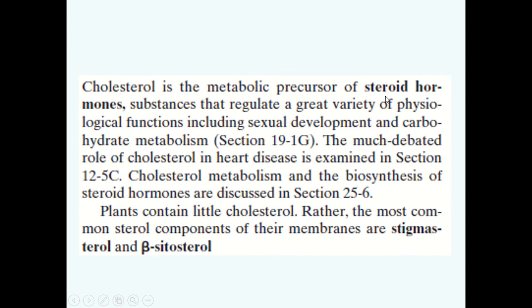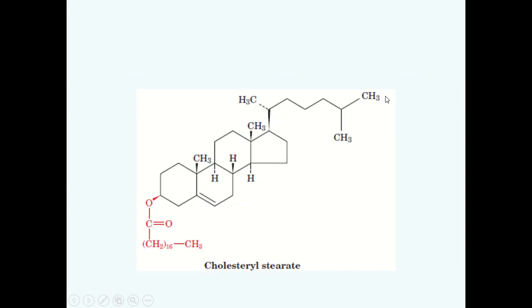Rather, they contain some other type of sterols in their cells. Cholesterol, in many cases, undergoes esterification. This is the molecule of cholesterol, and this is the polar hydroxyl group present here. The hydroxyl group of cholesterol can undergo esterification with fatty acids. Some cholesterol exists as free cholesterol, but most of the cholesterol exists in the form of esters.